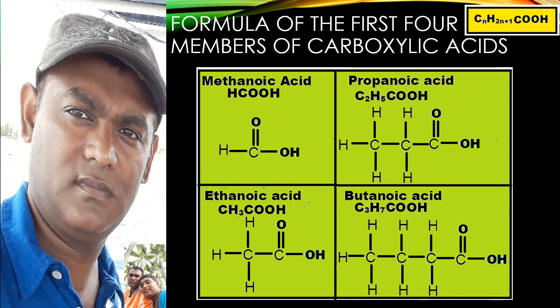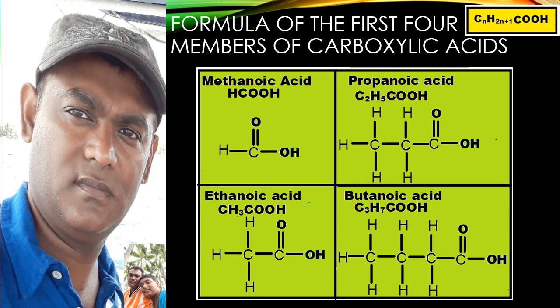The general formula for carboxylic acid is CnH2n+1COOH. The formula of the first four members of carboxylic acid can be obtained by substituting the value of n appropriately. You should remember that methanoic acid should contain only one carbon atom.